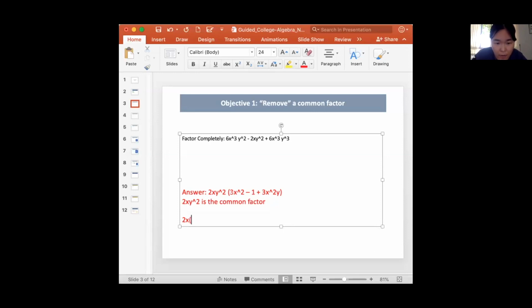So I still have this inside. Maybe I think, oh, I can factor out 2x. But then after that, I see, hey, inside this parenthesis, everybody has a y squared. So I could take the y squared out. So then this is 2 times y squared. And then you keep factoring until there's nothing else left for you to factor out.